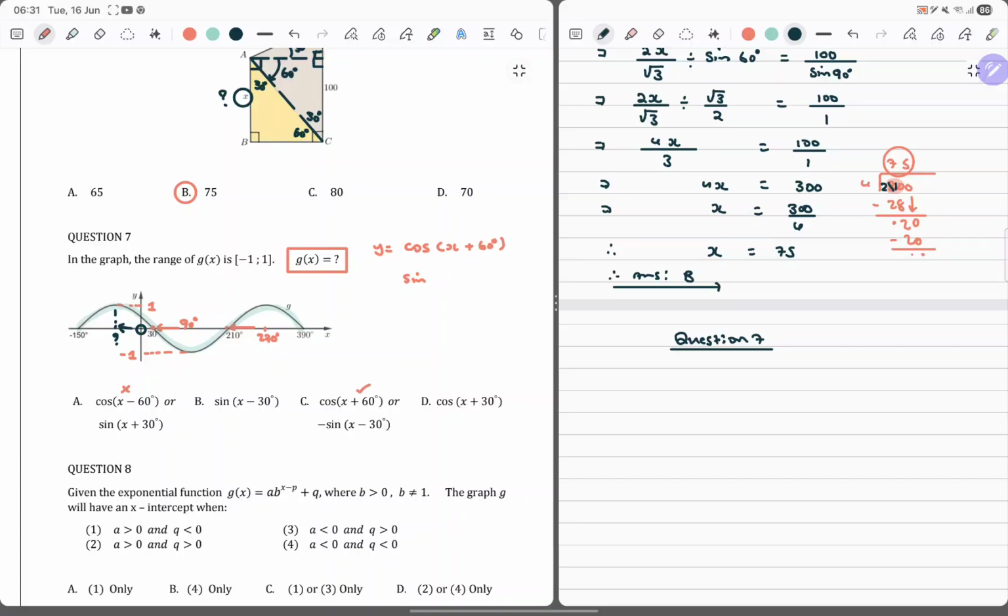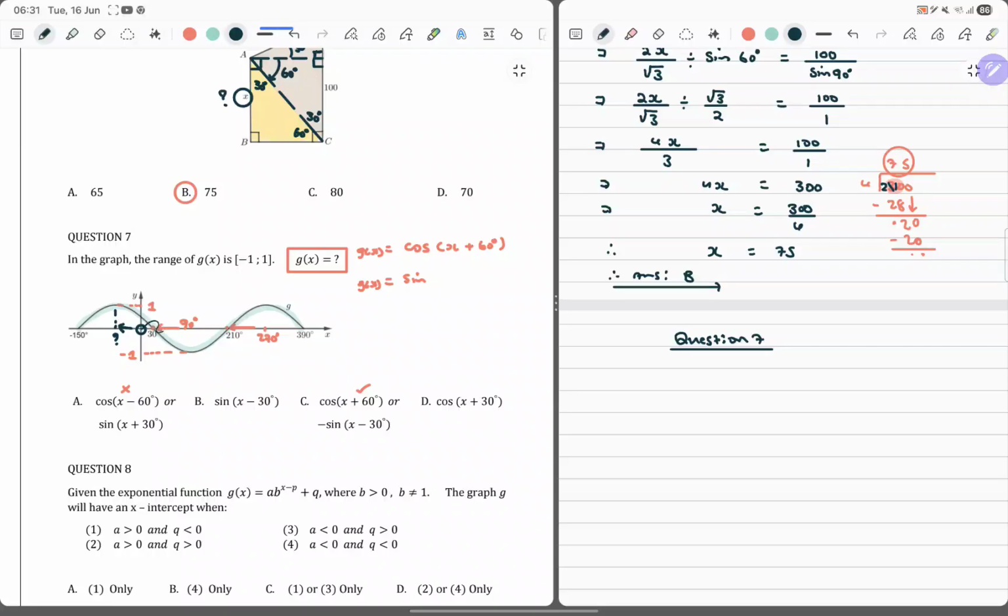Now let's see. If this is a sine graph, what should it be? Of course, I should just write g of x instead of just y. Now let's say this was a sine graph. So what do we know?